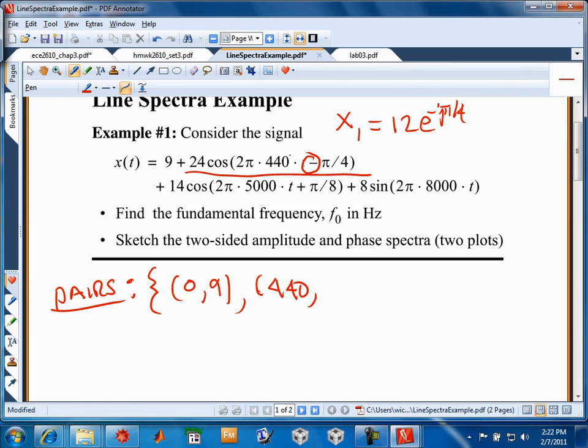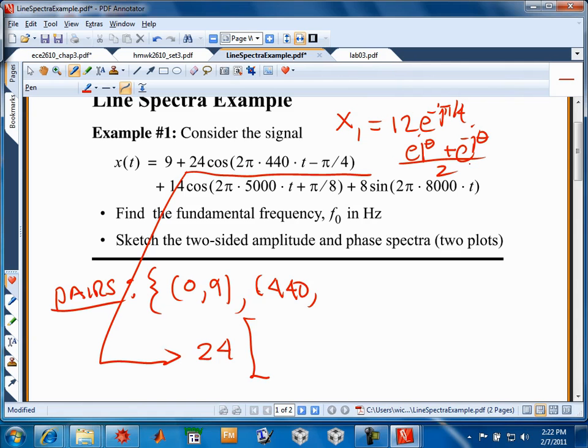Because when we use Euler's identity, this is a good question. Let's just make sure we understand Euler's identity. Let's go down here and do an Euler expansion on that. We would go 24, and then if I was doing it by the book, meaning the trig identity stuff, it would say e to the j theta plus e to the minus j theta. That's what that cosine breaks down into, e to the j theta, which is the entire argument, plus e to the minus j theta.